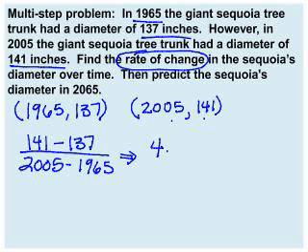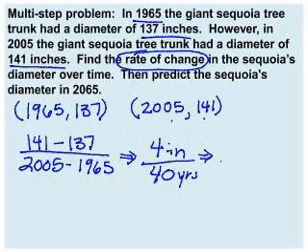I come up with 4 inches over 40 years. And if I simplify that even more, that gives me 1/10 of an inch per year. Okay, so the diameter of these trees is growing by 1/10 of an inch per year. So my rate of change is 1/10 of an inch per year.